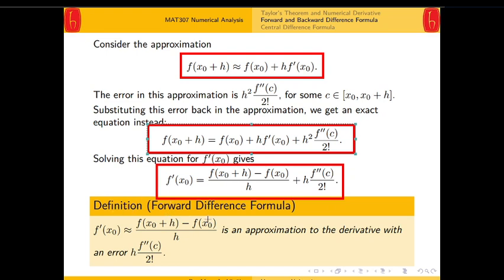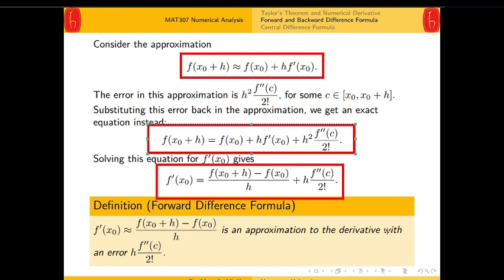Then we give a definition: the forward difference formula for the first derivative. The first derivative can be approximated by this formulation: the function value at x naught plus h minus the function value at x naught, divided by h.